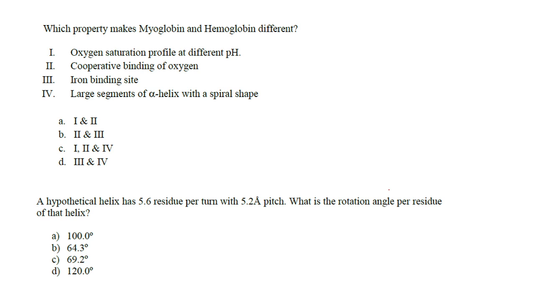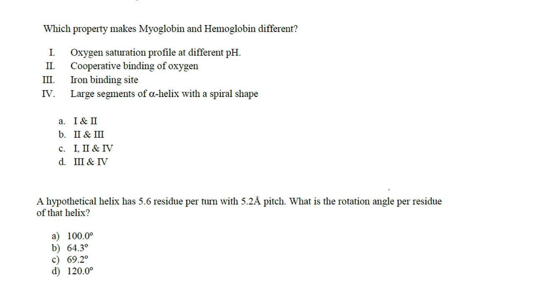Now, which property makes myoglobin and hemoglobin different? Is it the iron binding site, the large segments of alpha helix with the spiral shape?